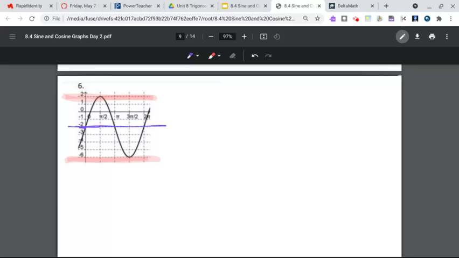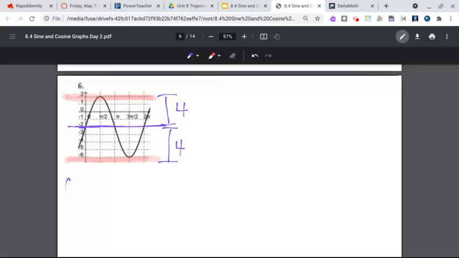So our midline equation is going to be here. There's our midline. How do I know? Because I did 2, which was the max, minus the min. 2 minus negative 6 is 8. 8 divided by 2 is 4. So the distance from the midline to the max is 4. The distance from the midline to the min is 4.